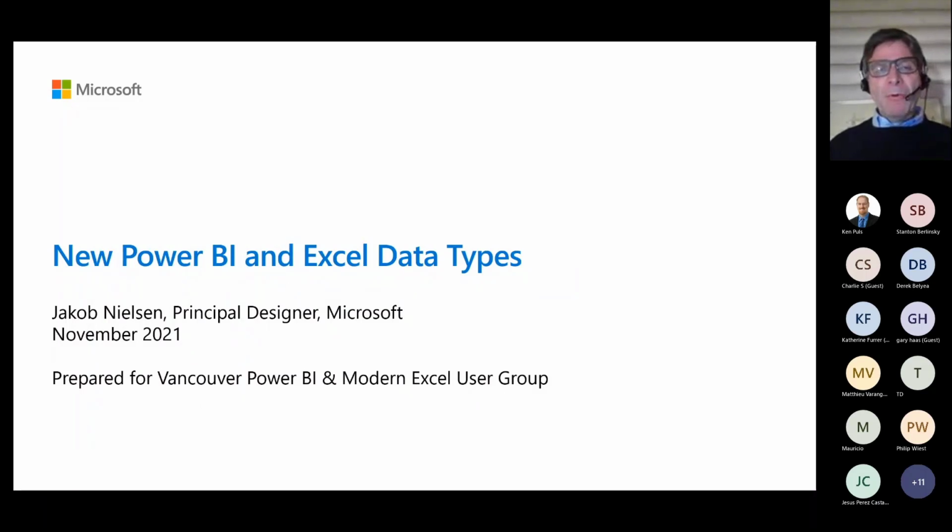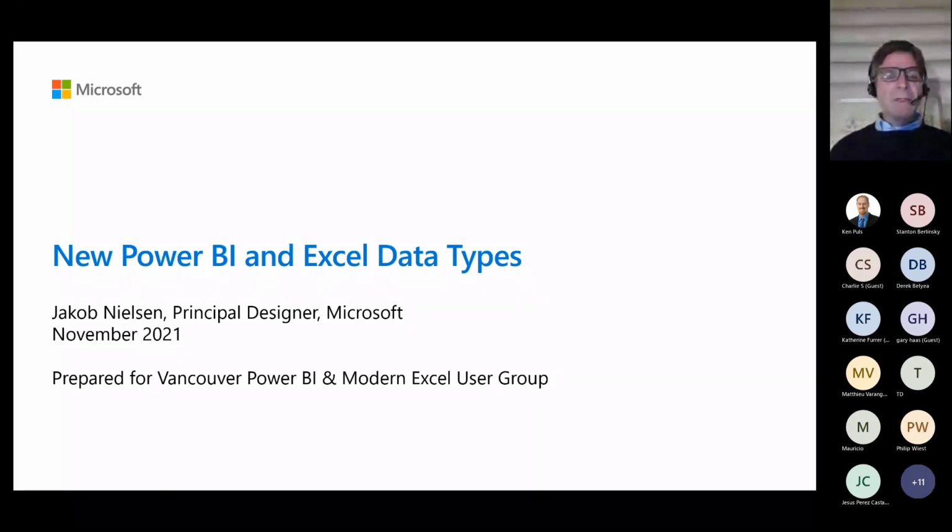I'm Jakob. I'm a principal designer in the Excel product team. I have a wonderful job of working on a product that's used by so many people in so many different ways. My role is basically to observe how people are using the product, connect with customers, talk to them about how we can make it better, come up with new ideas for that, and then work with program managers, engineers, and others in the product team to make some of those things happen.